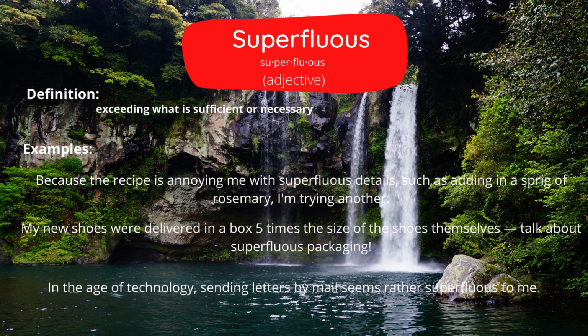Some examples of how to use the word. We can start off with: because the recipe is annoying me with superfluous details, such as adding in a sprig of rosemary, I'm trying another. So here it's making the recipe unnecessarily complicated.